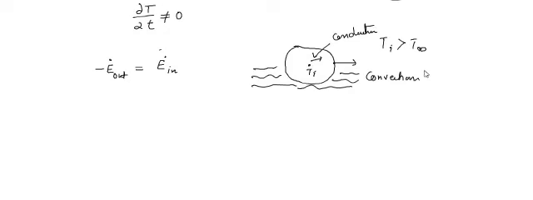The temperature gradient being 0 means, in Fourier's law, q is equal to negative kA dT over dx.